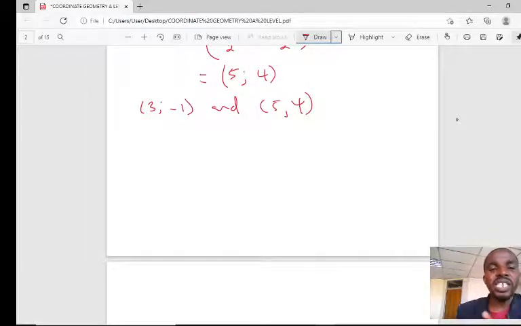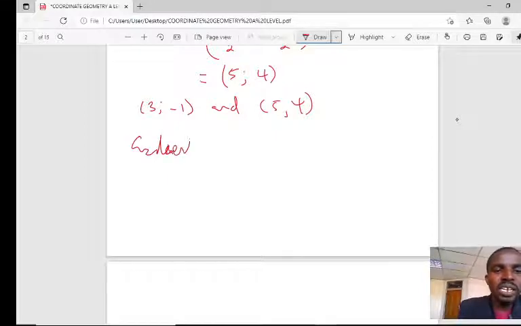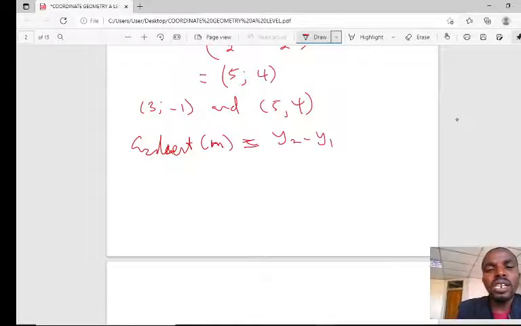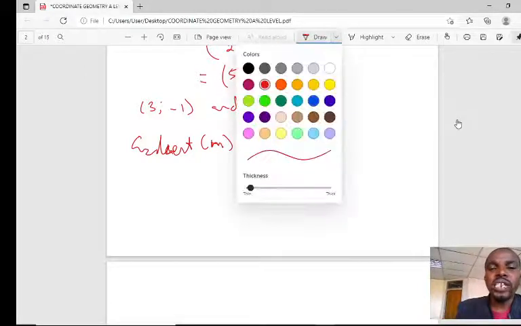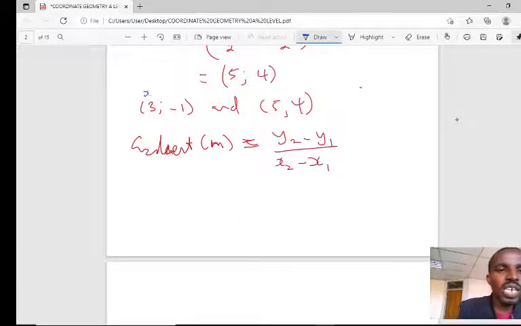Right, so first things first, you have to find the gradient of the line passing through these two points. How can you find the gradient? So gradient, usually represented by m, is equal to (y2 minus y1) over (x2 minus x1). What are these, y2, y1? Right, this first coordinate, you can call this one x1, then this one y1, then call this one x2, and this one y2, like this.